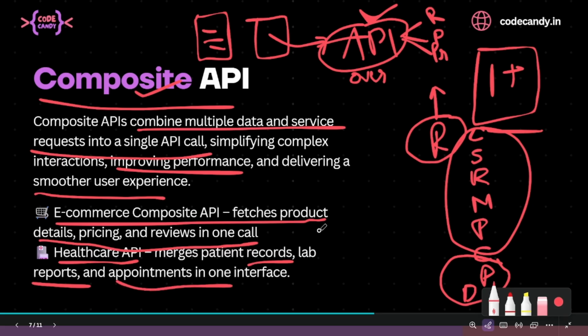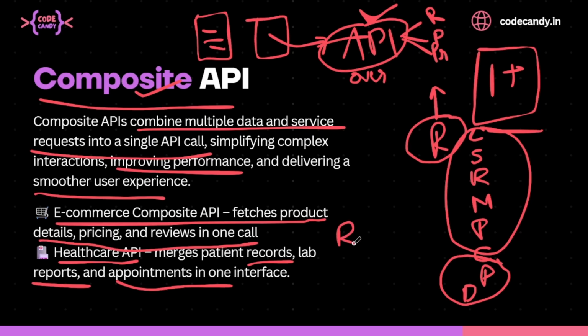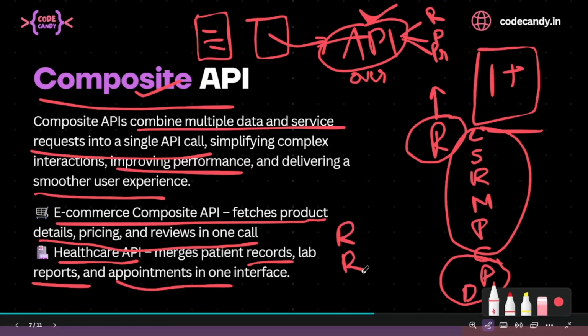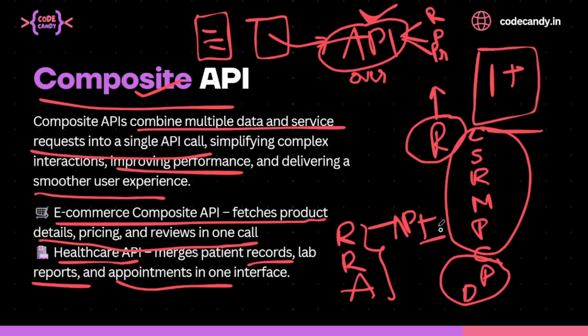But at the database level, records, reports, and appointments are separate tables. You combine all the data and expose it as one API. This composite API is a next level beyond public API and private API, combining APIs to increase performance.